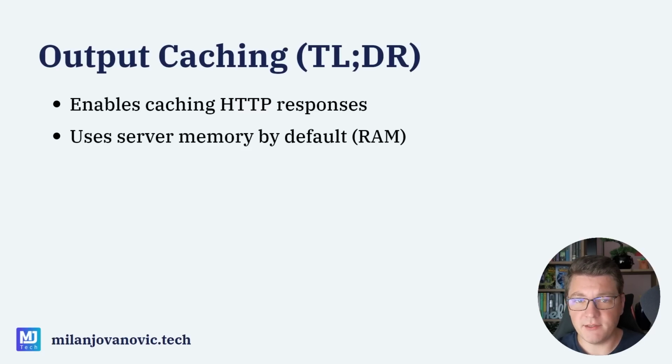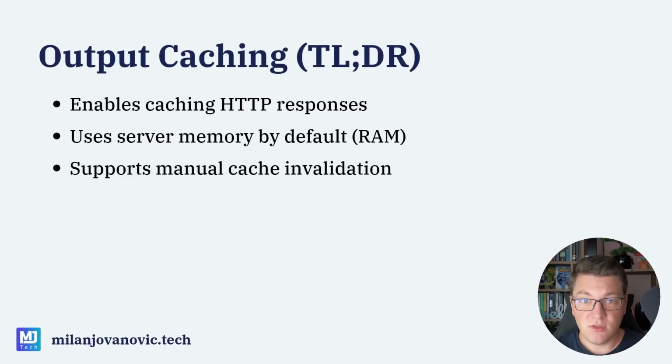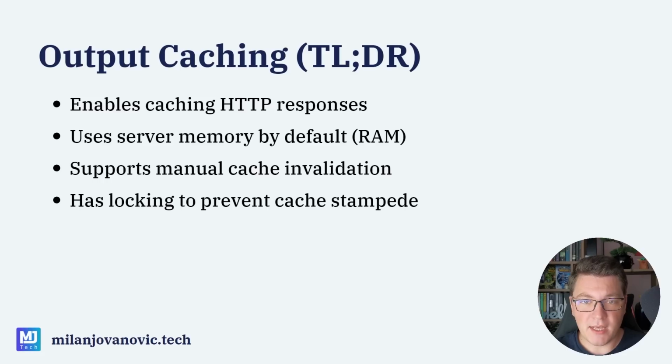So if you are running in a distributed environment, meaning you have multiple server instances, the output caches will not share the same memory. So if you want to scale out, you will have to use a proper distributed cache like Redis. When it comes to evicting output cache entries, you can either use cache expiration, or you can manually invalidate your cache entries so that they are removed from the output cache. And output caching also has locking built in by default to prevent the cache stampede or thundering herd problem.